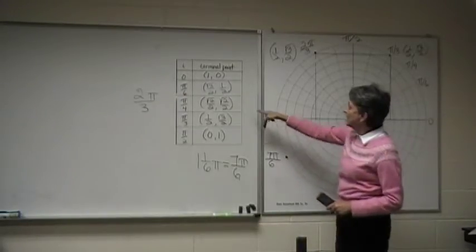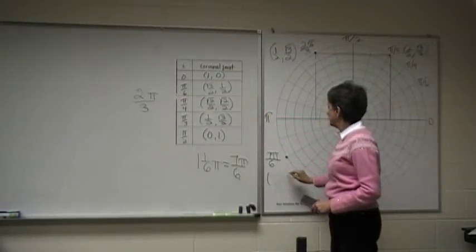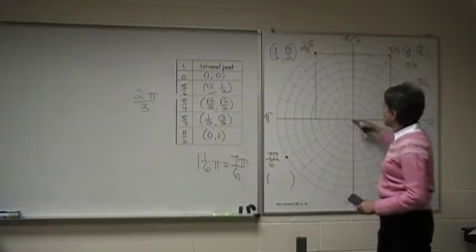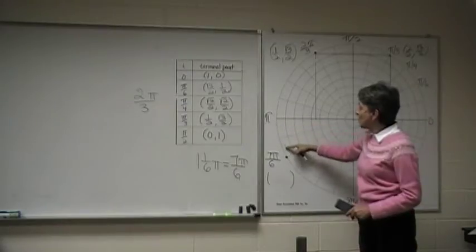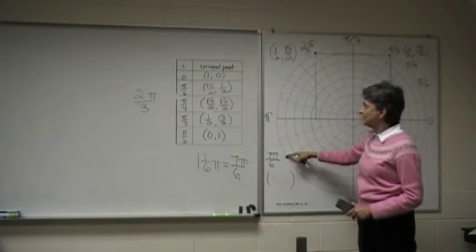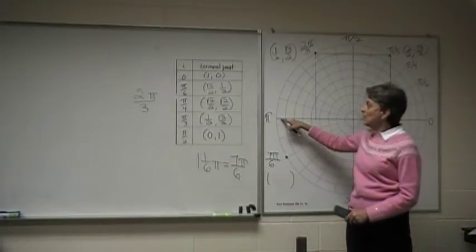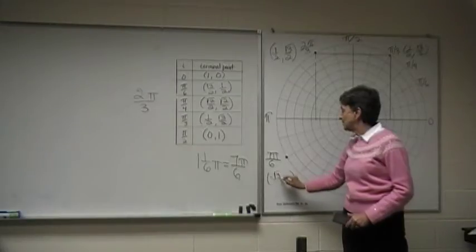It's going to be very similar to this coordinate point. We will have gone out the square root of 3 over 2 and then drop down 1/2. The only thing is, when we travel in this direction, it won't be positive.